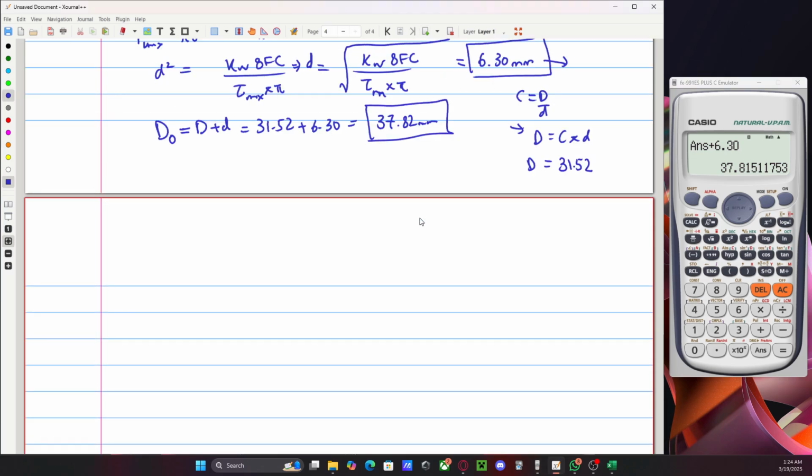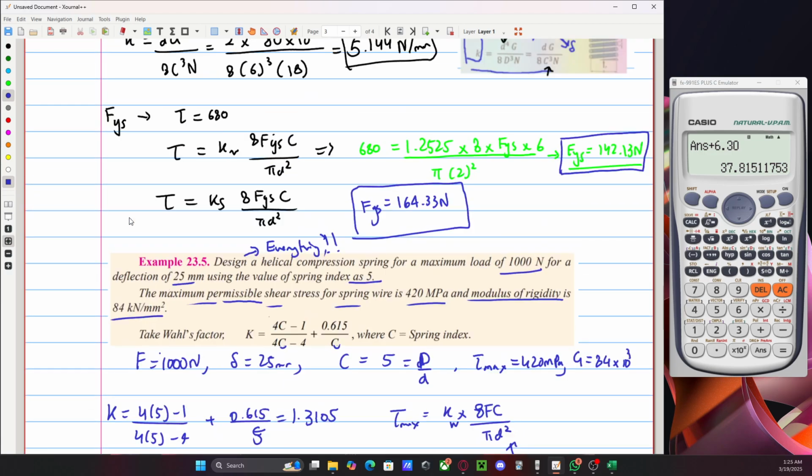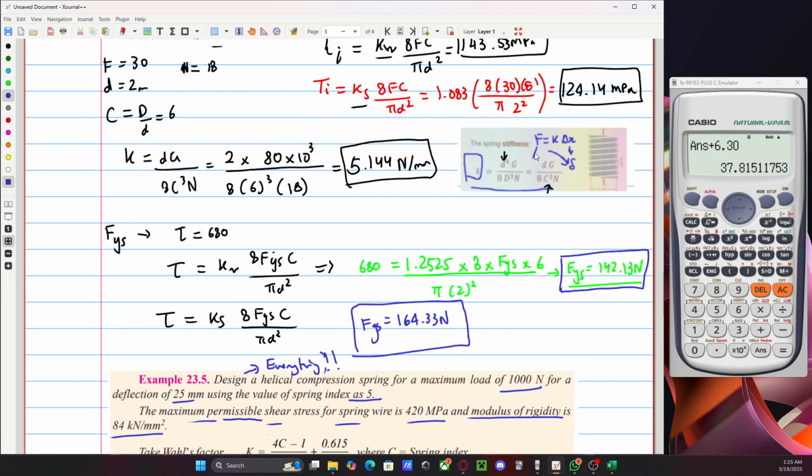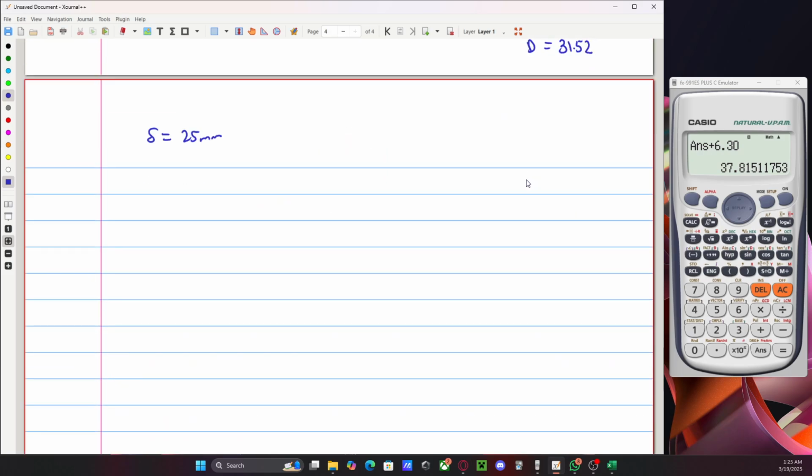So another thing we can find out is the number of turns. We don't know the current active number of turns, but we do know that our deflection is 25 millimeters. Now if that's the case, if you remember, F equals K del X, so we can rewrite this.